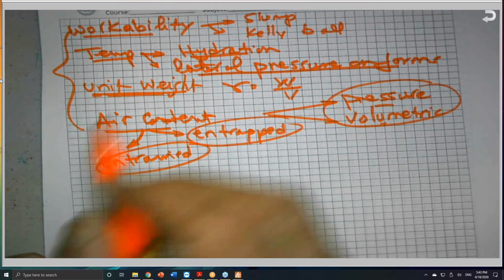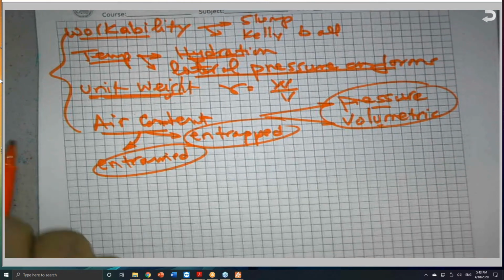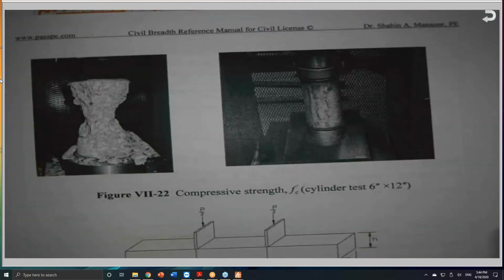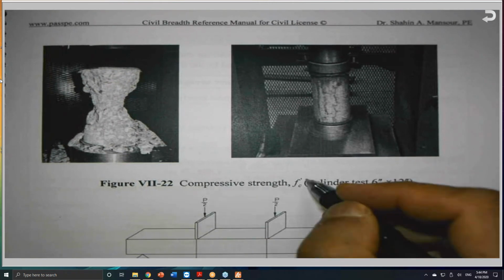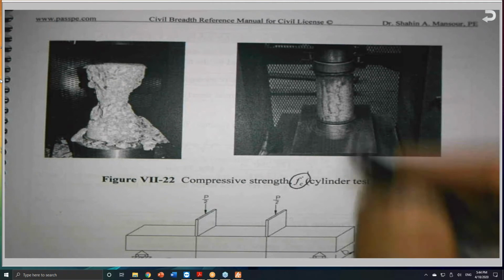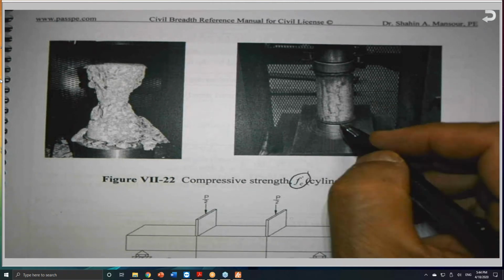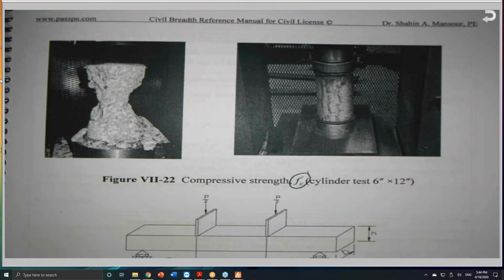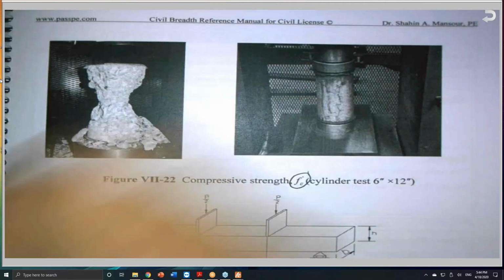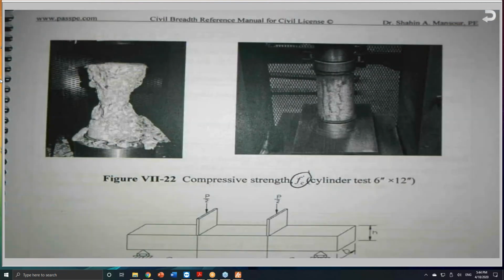This is while the concrete is wet. When the concrete starts to be hardened, we are determining the cylinder test, which is this one here, called F sub C prime. For the cylinder test, we cap the cylinder with a sulfur compound, excuse me, and after that we crush it, and this is the shape of the specimen after failure.